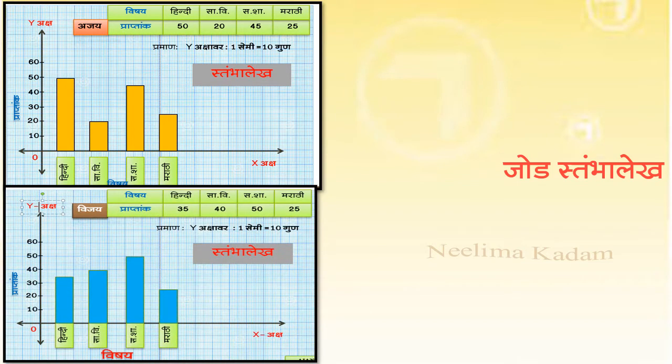Now another student, suppose Vijay is there, and his graph shows different marks in the same subjects. With the help of this simple bar graph we can see that he got the highest mark in social science and least mark in Marathi.